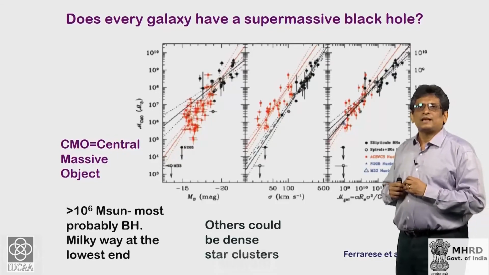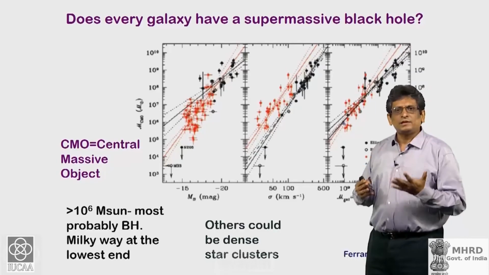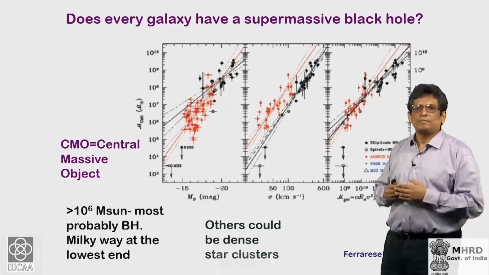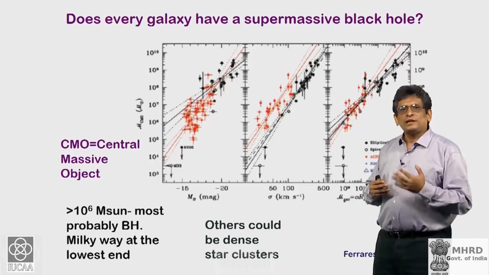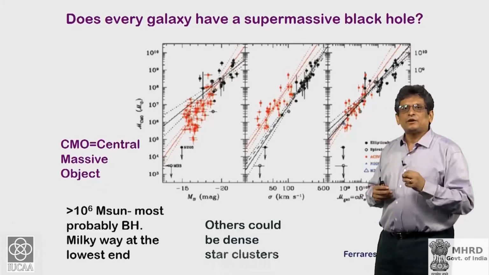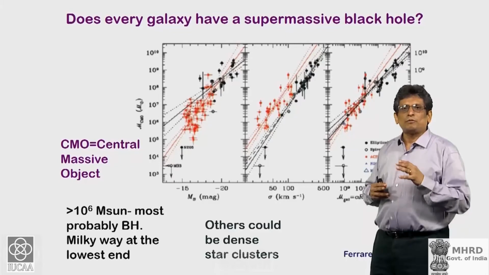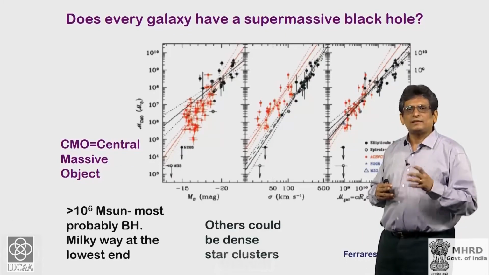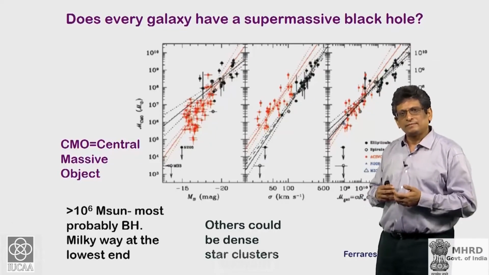Now, does every galaxy have a supermassive black hole? This is a question often asked, and this was one of the earliest questions that the Hubble Space Telescope had to address when it was launched. And one of the things that was found was that there is evidence of a compact, massive object in the middle of almost all galaxies, unless they're a real dwarf satellite galaxy that is orbiting a major galaxy.